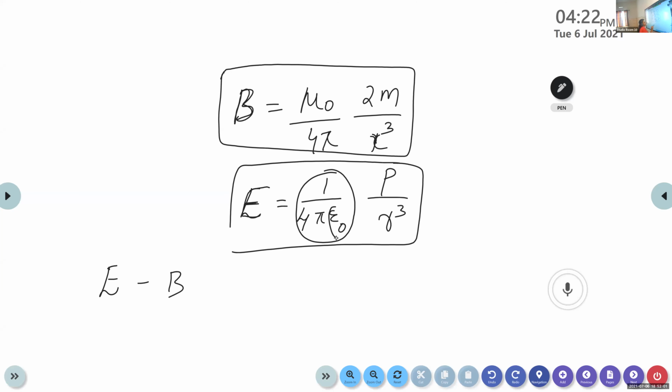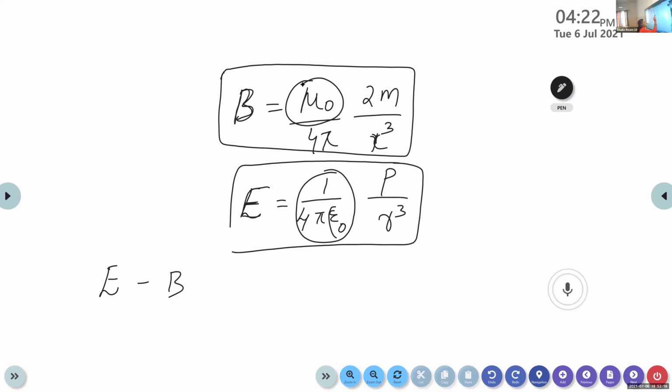This epsilon 0 represents the permittivity of free space in electric field. Just similar to that, here in magnetic field we have mu 0. What does mu 0 represent? It is the permeability of free space in magnetic field.